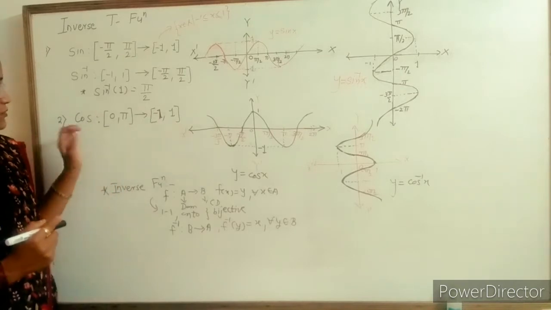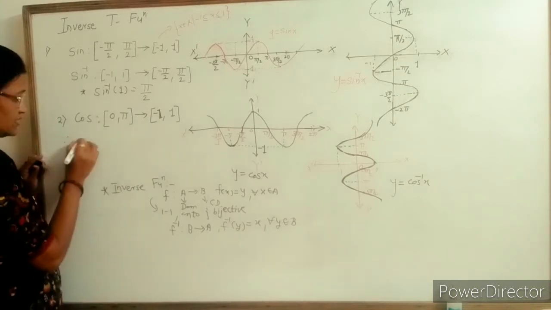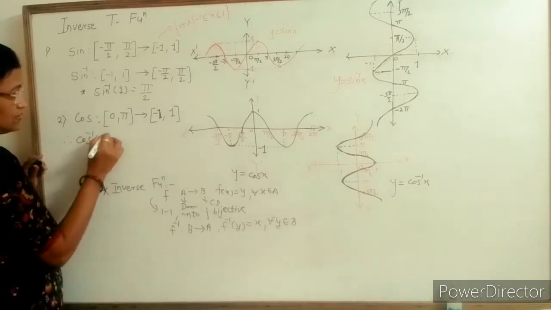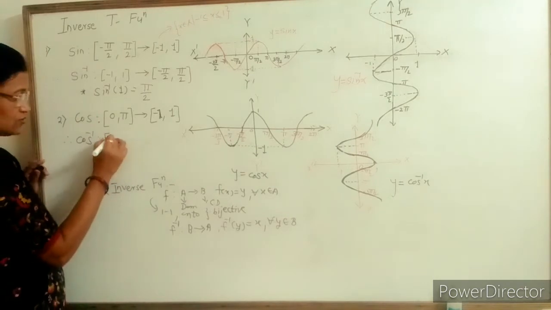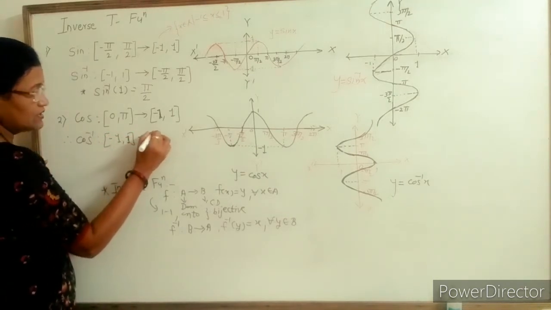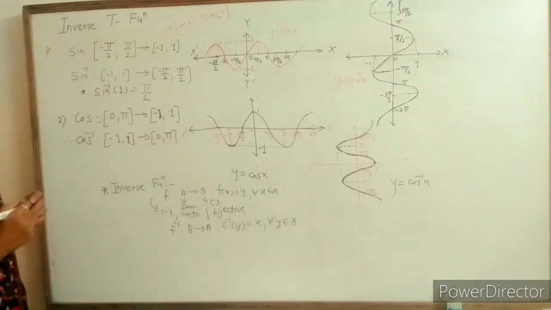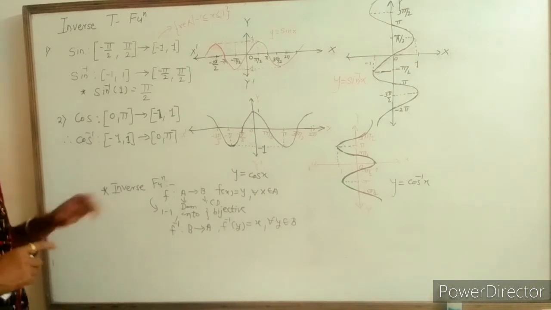We take the range of the cosine function as -1 to 1. Then its inverse function is defined by interchanging domain with codomain, so from -1 to +1 the range of the function is 0 to pi. So with the help of these two functions, we may define the remaining inverse trigonometric functions.